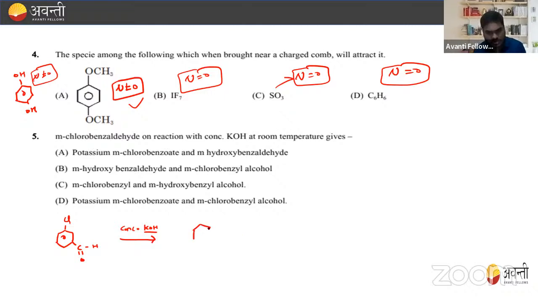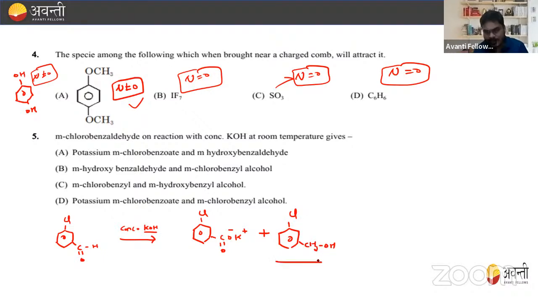Like this, this chlorine remains the same, and this CHO is converted into CO negative with K plus. After this, it will also give some product as this one as well as this one, right?